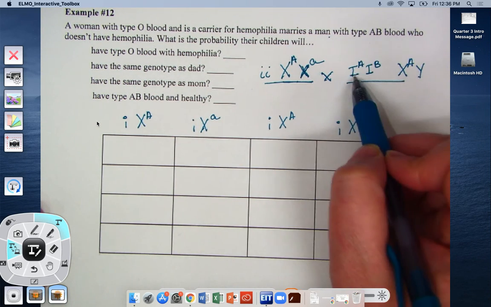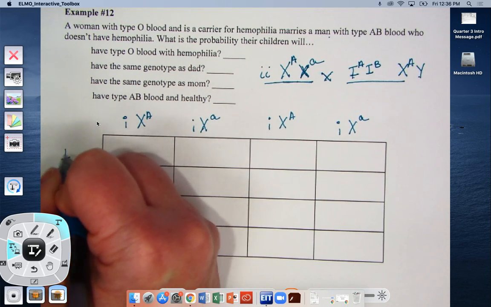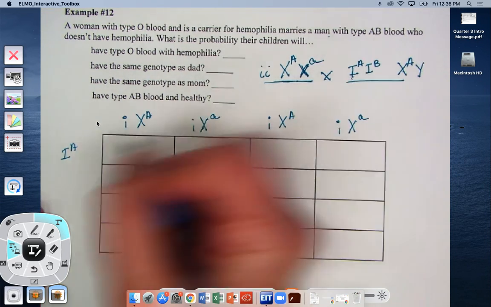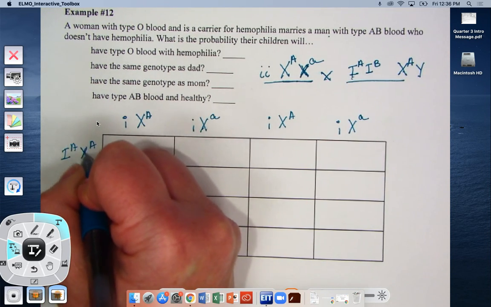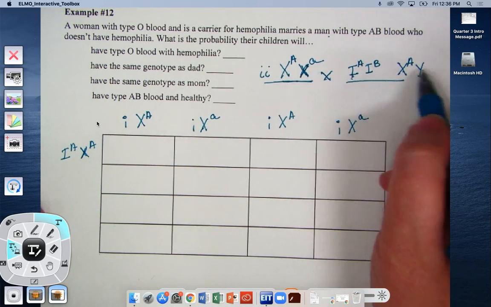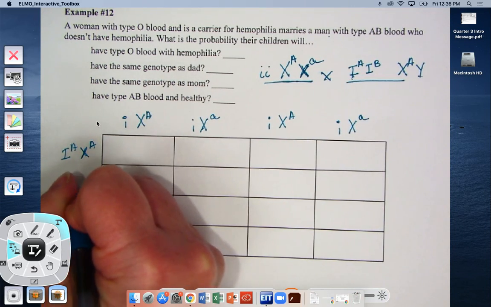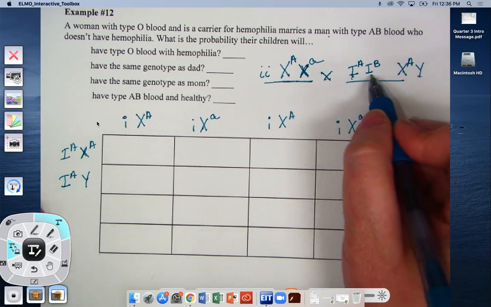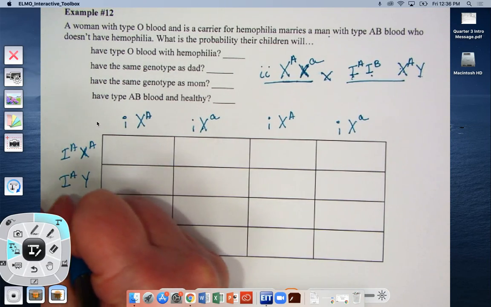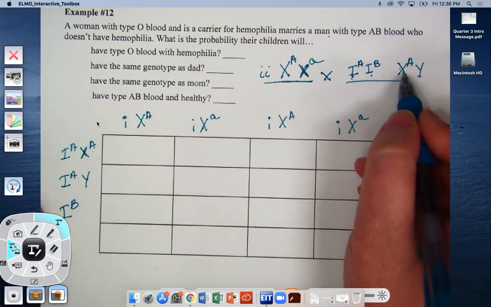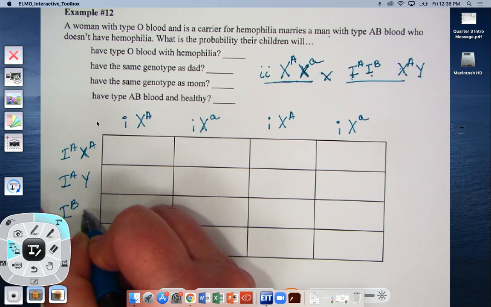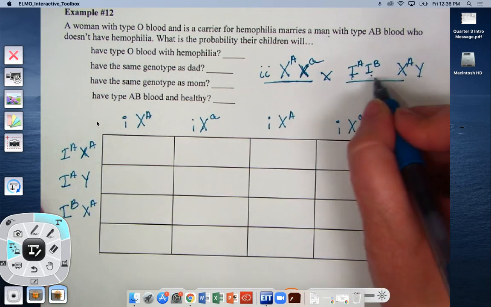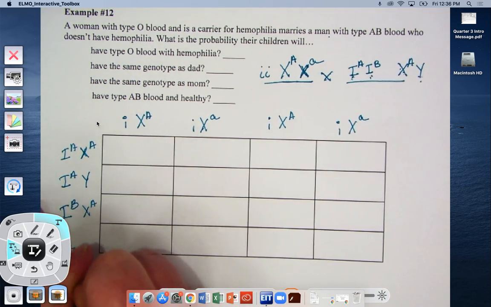And then over here, I^A with the X^A, I^A with the Y, I^B with the X^A, I^B with the Y.